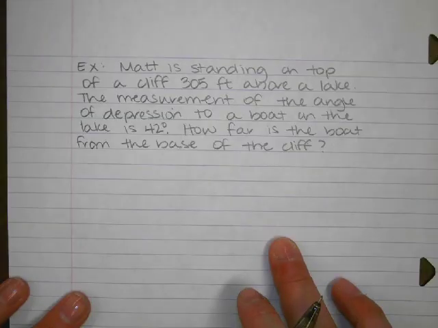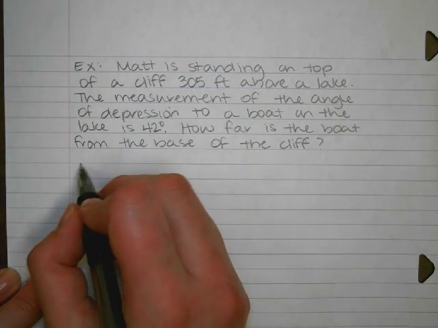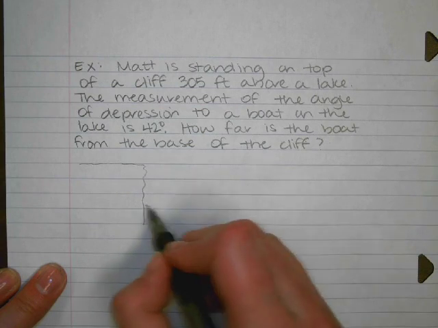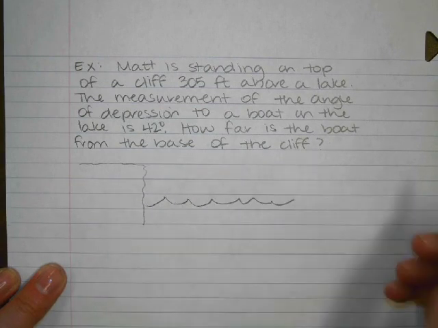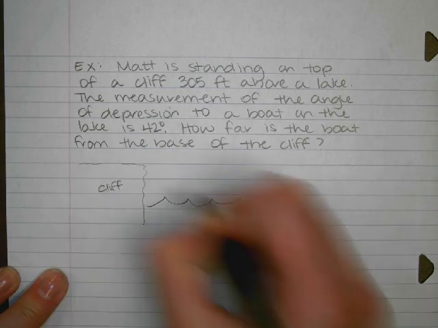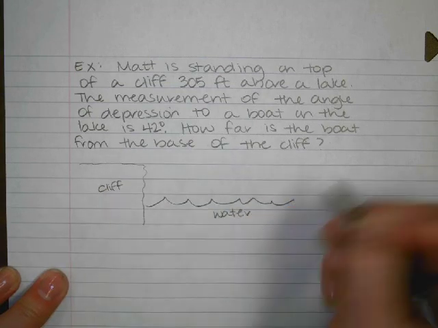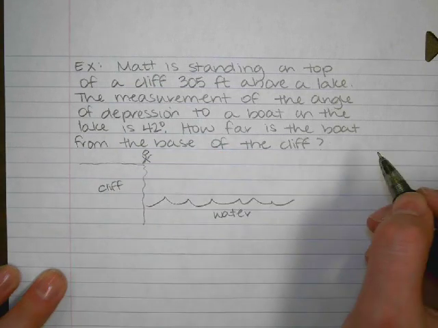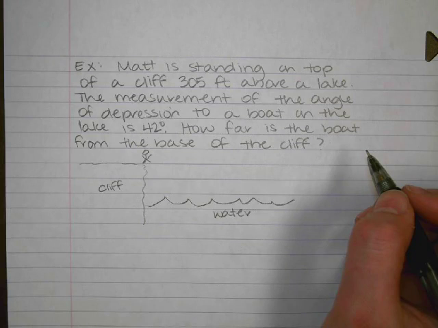All right, so we have, like, here's some rocks, and then we have the cliff going down, and then down here, there's water. Cliff, water. And we have Matt. He's standing at the top of a cliff, and he is 305 feet above a lake.